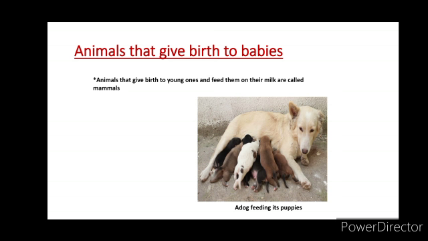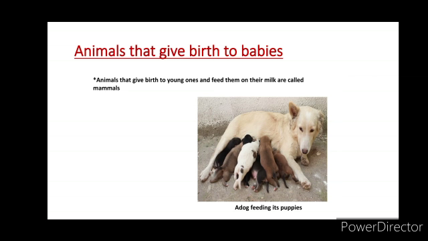It stays inside the mother's body for several weeks or months and is then born. The mother feeds the baby with her own milk and protects it until it learns to look after itself. Babies grow big, strong, and healthy with their mother's milk.